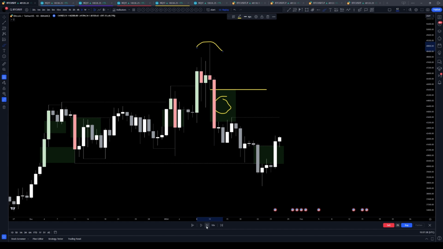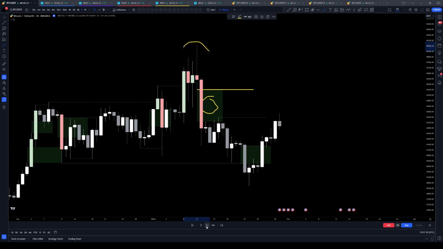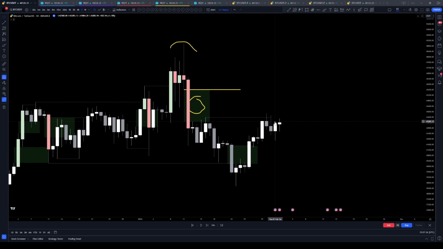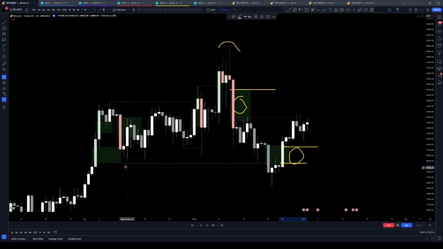And you'll see this playing out beautifully. There it is there. So naturally, our draw on liquidity would be this gap here that formed. But as we know, price is quite bullish. We have jumped down into this area here.